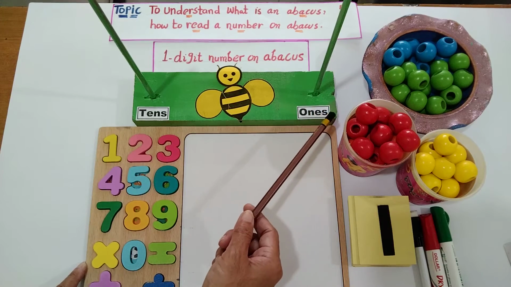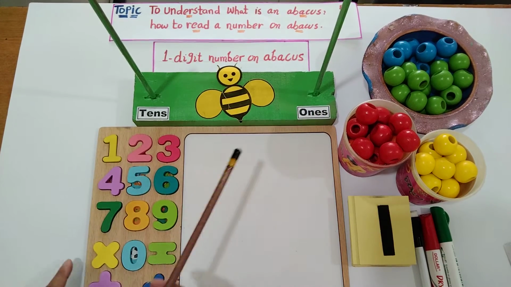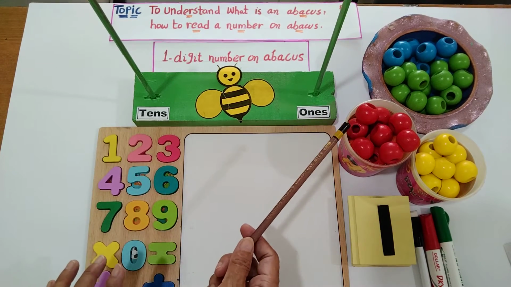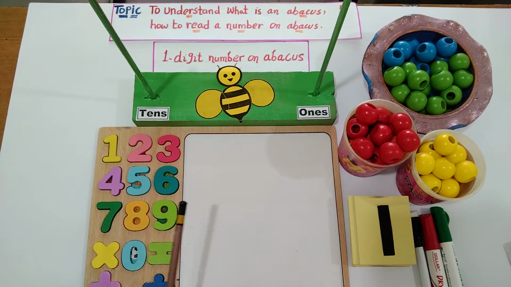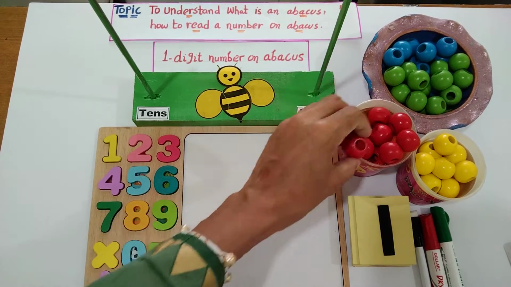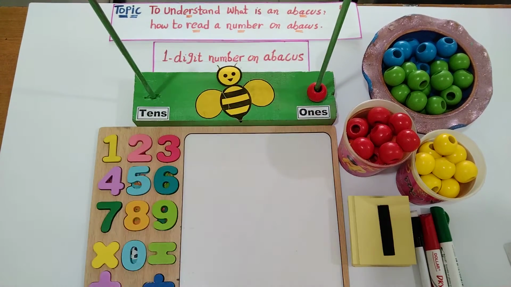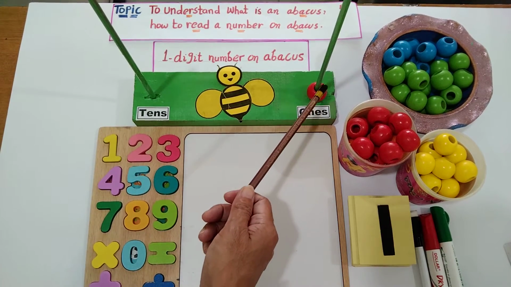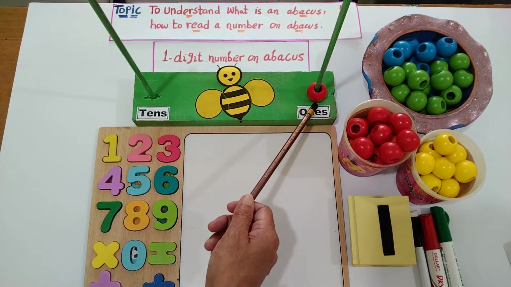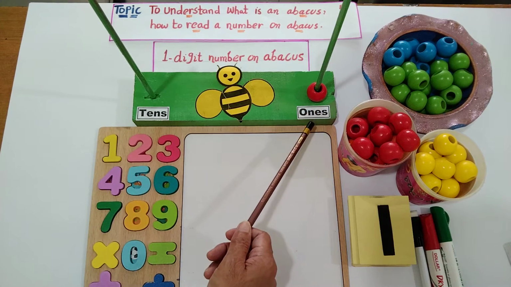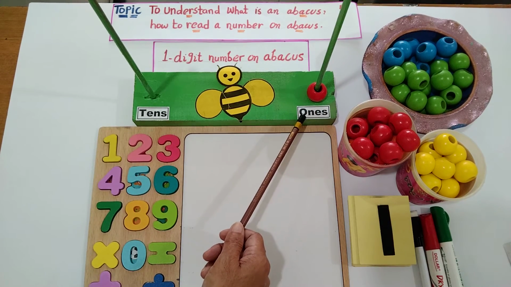Very good. Now I will represent with the help of a bead how to read the number. If I insert a bead inside the rod, how many beads do I have in this rod? I have only one bead on the ones place.